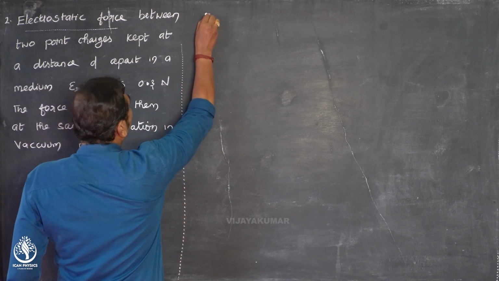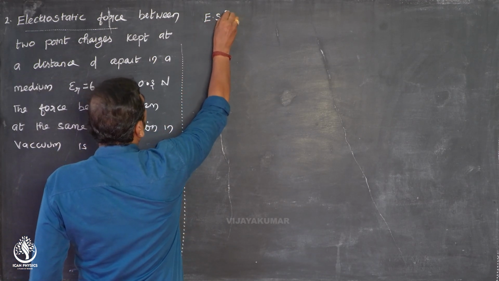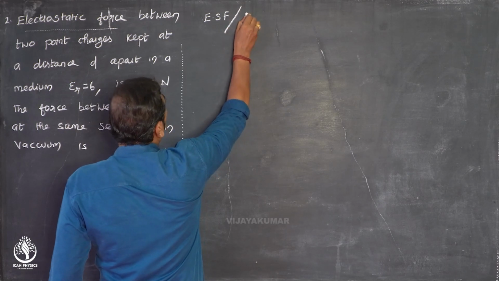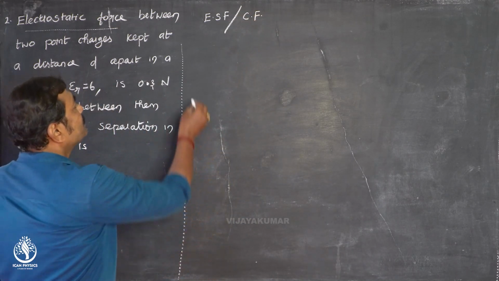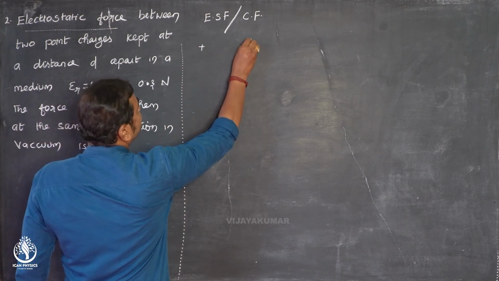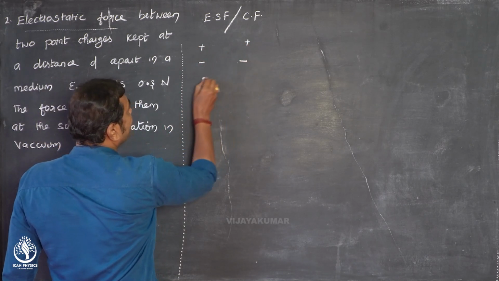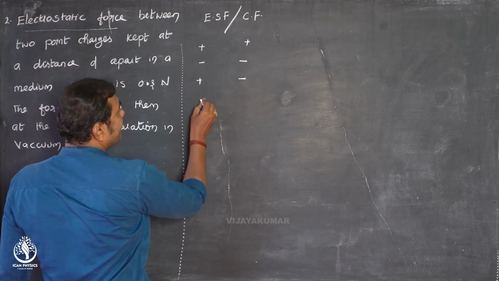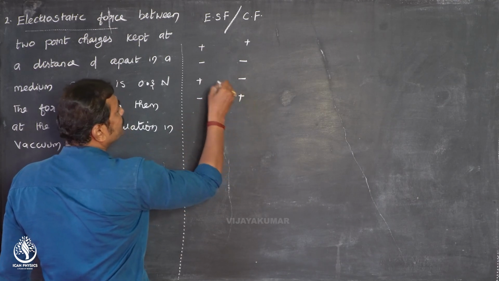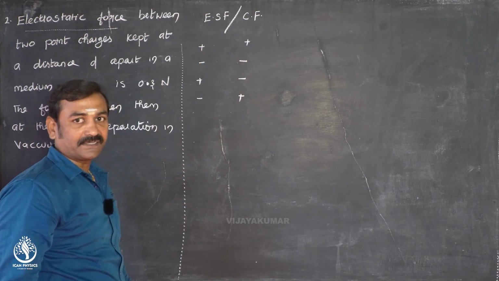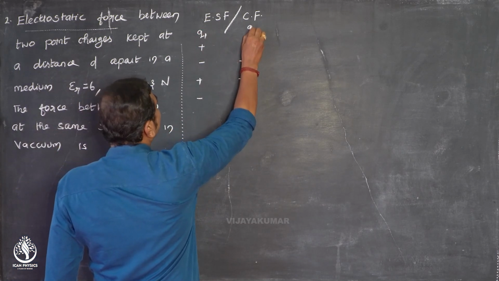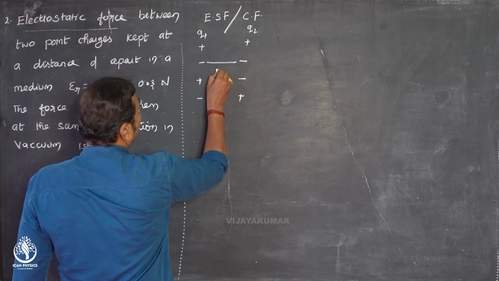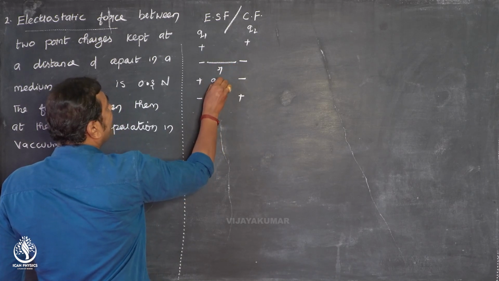The electrostatic force is otherwise called Coulomb force. Okay. So the positive, negative, positive, negative, positive: these are the point charges. These point charges are separated by a distance of r in air.